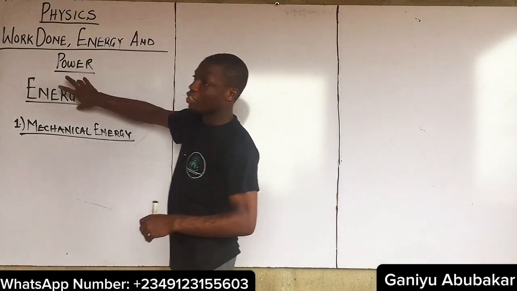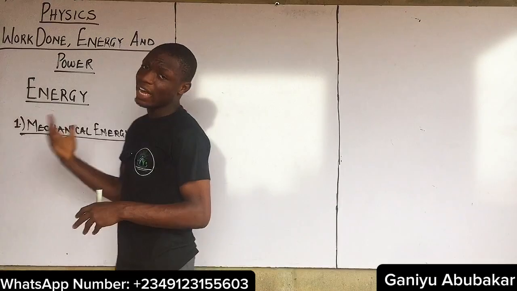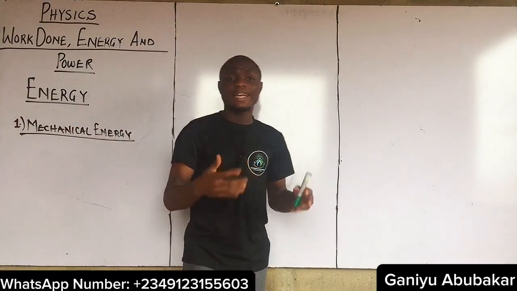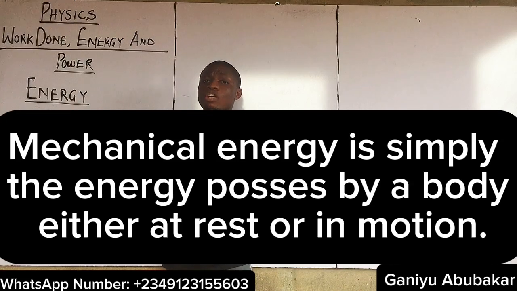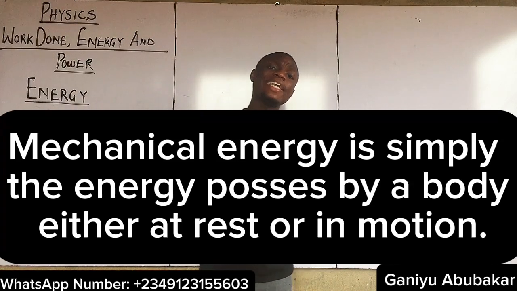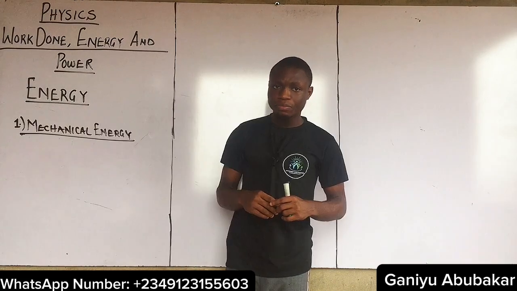After defining energy and listing out several forms of energy, let's discuss mechanical energy. What is mechanical energy by definition? Mechanical energy is simply the energy possessed by a body either at rest or in motion. That's the definition for mechanical energy.